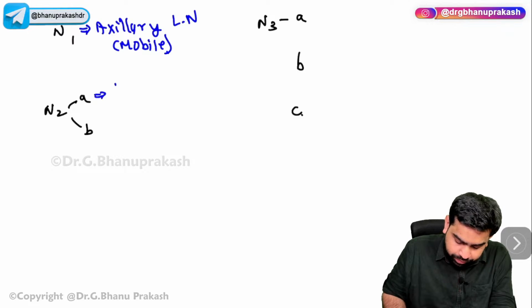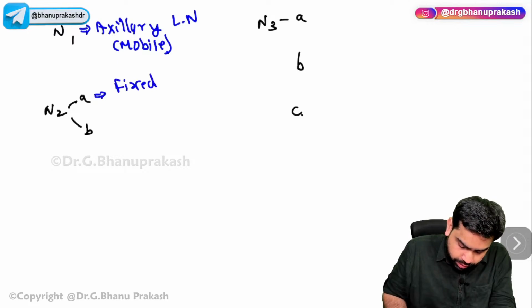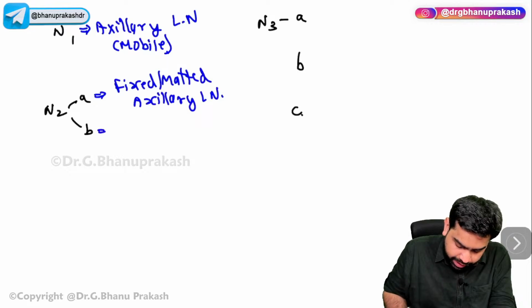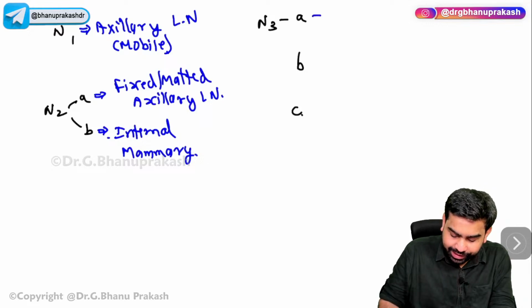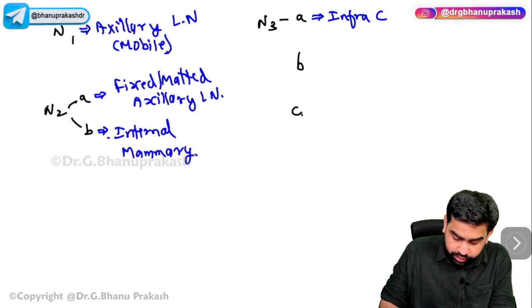What is N2A? This is fixed or matted. If the question mentions fixed or matted axillary lymph nodes, this is the N2A. What about the N2B? In the N2B, there is an internal mammary group of lymph nodes. What about the N3A? In the N3A, there is a clavicular group of lymph nodes.